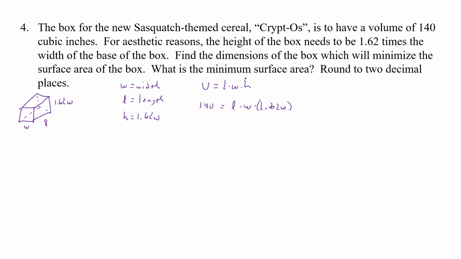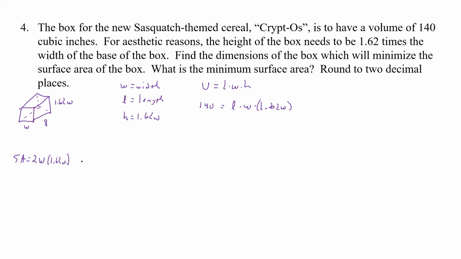Now we also have to know the surface area. Well, what is the surface area of a box? Well, we have a width times the height, W times 1.62 W, and there's going to be two of those, one on each end.